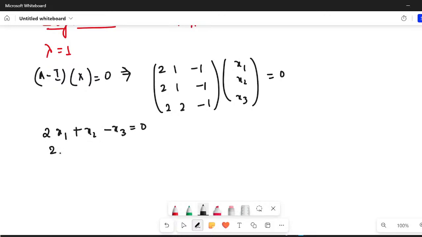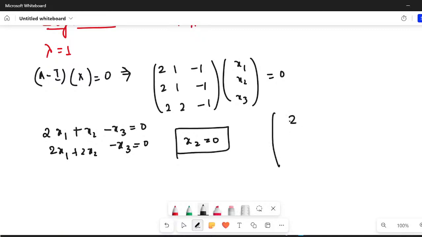Another one is 2x1 plus 2x2 minus x3 equal to 0. If I subtract, I will get that x2 is 0. If x2 is 0, then you can take x1 simply as 1, and then x3 would be 2. So I can write it as 1, 0, 2. So this is the eigenvector corresponding to lambda equal to 1.